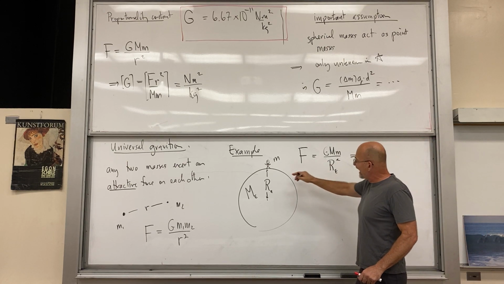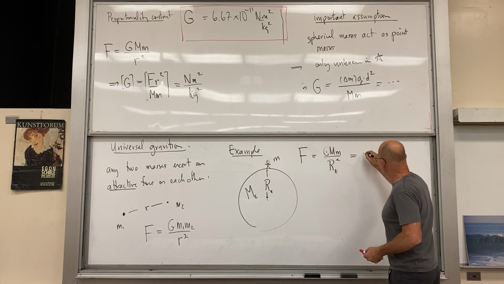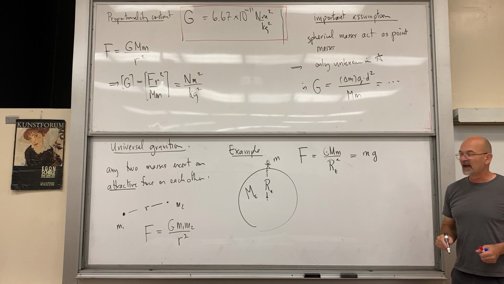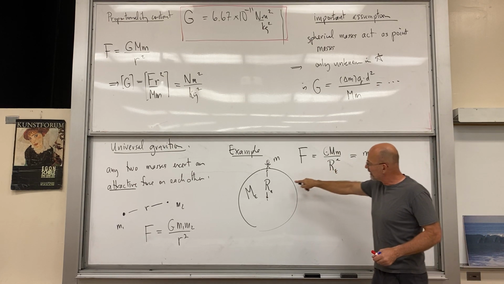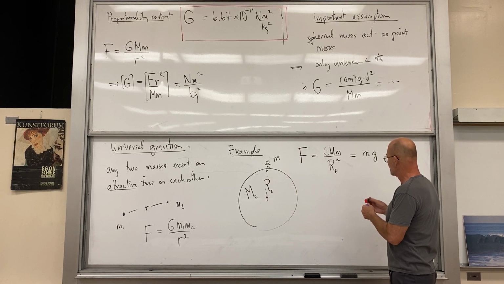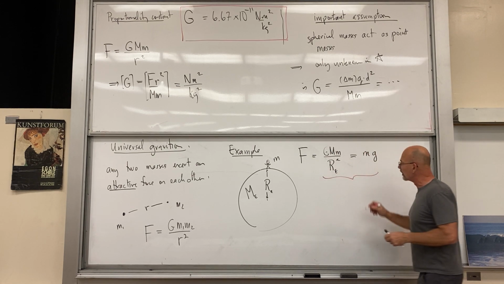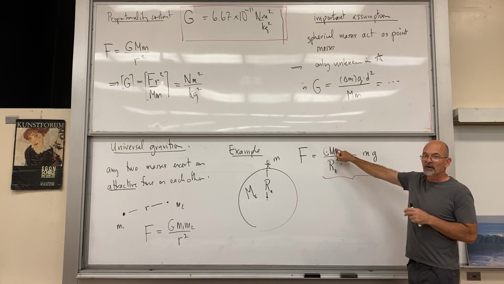But if I'm standing, say, on a scale, then that scale is telling me that's the force. Okay. So the weight, this is my weight according to Newton's law of gravity. Now think about it. What is the only unknown in this equation here? It's the mass of the Earth.